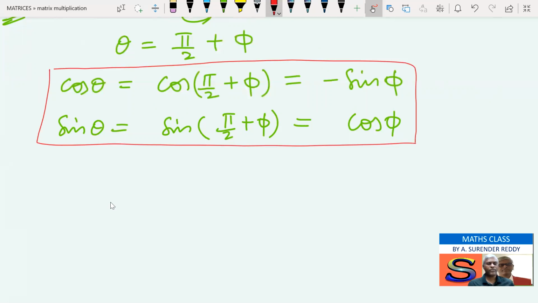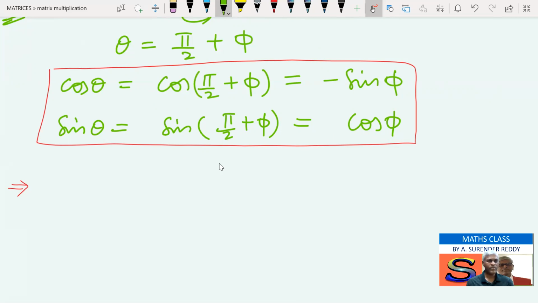So this is from trigonometric transformations. So cos of pi by 2 plus pi is minus sin pi. Sin of pi by 2 plus pi is cos pi. So the cos theta value is minus sin pi, and the sin theta value is cos pi. So in the given problem, replace cos theta and sin theta by minus sin pi and cos pi.